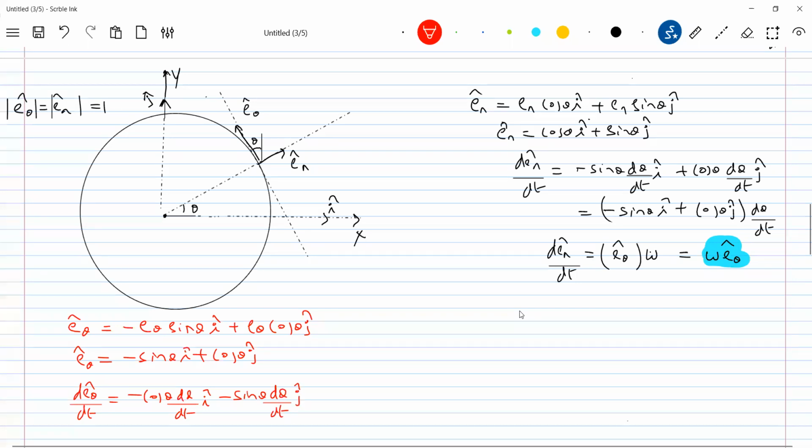So this will become equal to, I'll take d theta by dt outside, so minus d theta by dt times cos theta i cap plus sin theta j cap. What is cos theta i cap plus sin theta j cap? It should be equal to En cap.